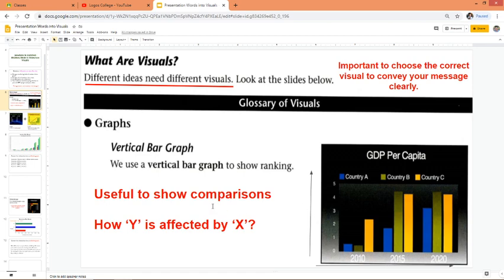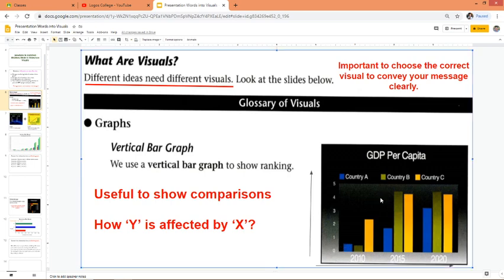Vertical bar graphs are very useful to show comparison between how y is affected by x. In this graph, x is the year and y is the GDP per capita, and there are 3 different countries being compared. So how is the GDP of each country affected by the year?